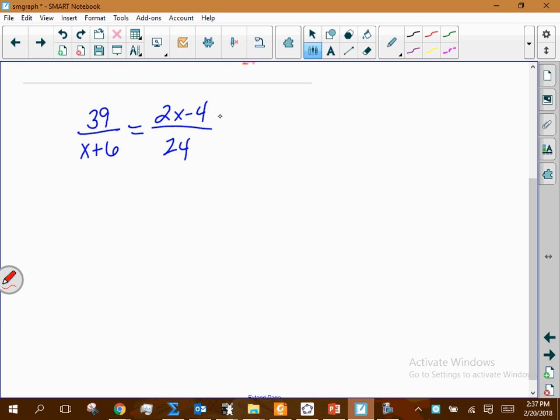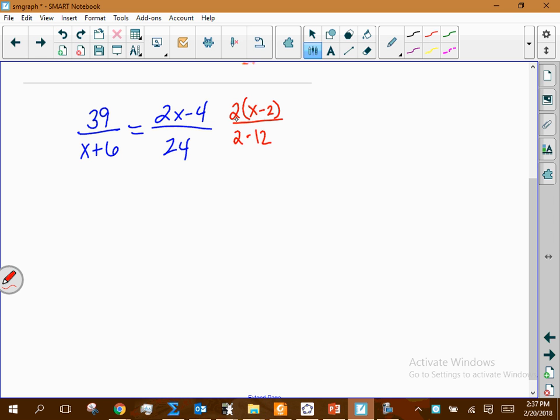Some people throughout the day have recognized that there is a 2 in both these two terms up here, 2x minus 4, and there's a 2 down in this one. Would you guys agree with that? So some people are rewriting this top as 2 times x minus 2 over 2 times 12. Would you guys agree with that?